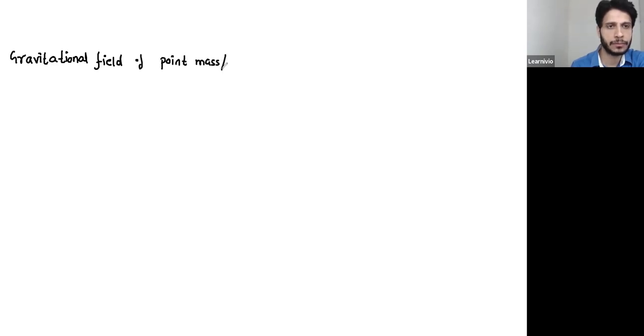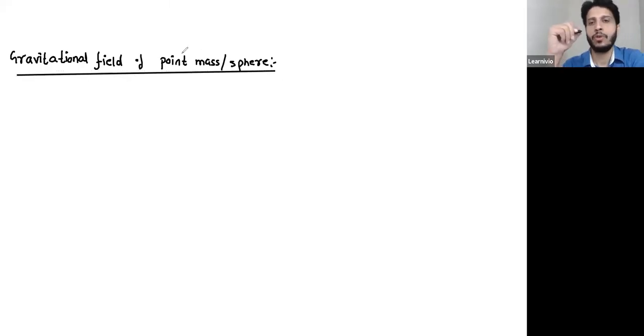So let's start with the gravitational field of a point mass or sphere. In your syllabus, you just have to solve a sphere or a point mass. No need to calculate disk or rod. It's not a part of your syllabus.